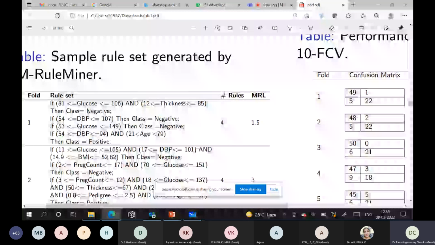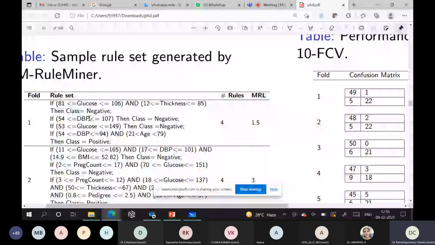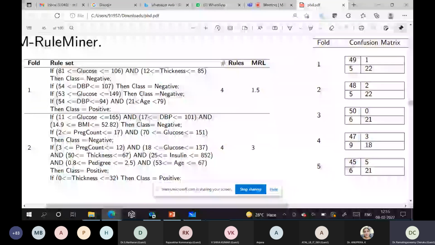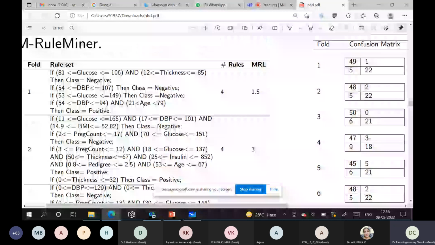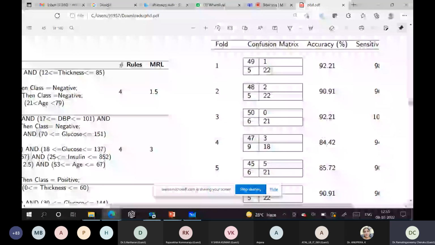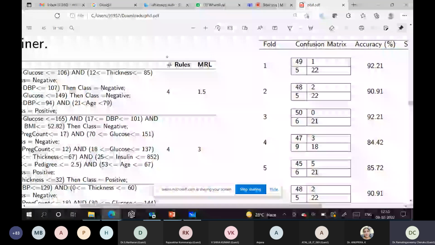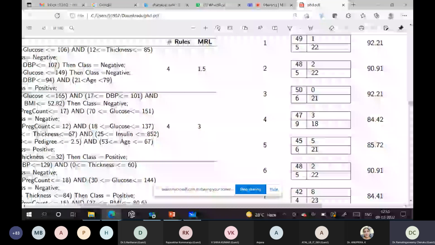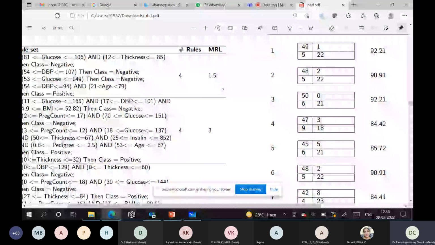The total number of attributes across the rules is 6, over 4 rules, so 6 by 4 is equal to 1.5. That way we found the mean rule length, which tells you on average the length of your rule. This speaks to the compactness and comprehensibility of your rules: the number of rules, the size of the rule set, and the MRL.